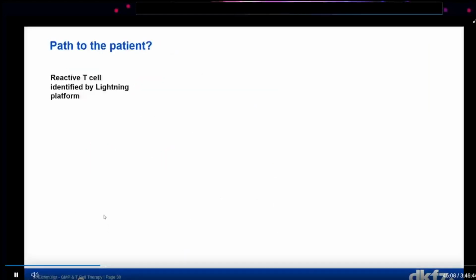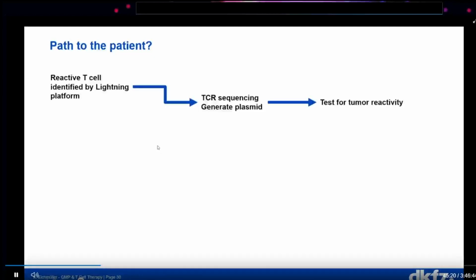So what would be the path to the patient? I think this is also an interesting question, which I cannot answer in the end, but I have my ideas on that. If you think about the reactive T cells which we identify by the Lightning platform, these are T cells from the patient, which already underwent negative selection in the thymus.